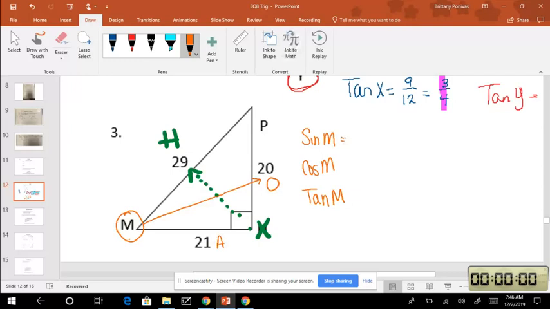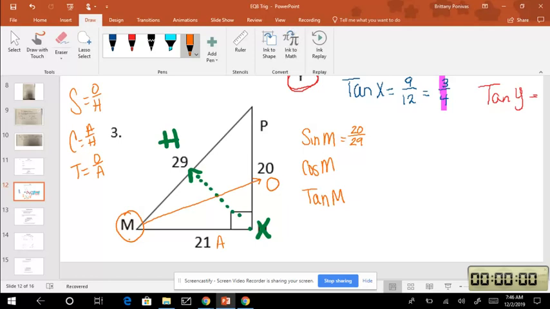Sine, again, you have to know what all of these three trig ratios are. Sine is opposite over hypotenuse, cosine is adjacent over hypotenuse, and tangent is opposite over adjacent. So sine of M is the opposite side, which is 20, over the hypotenuse, 29. 20 over 29 does not reduce, so that's your answer.